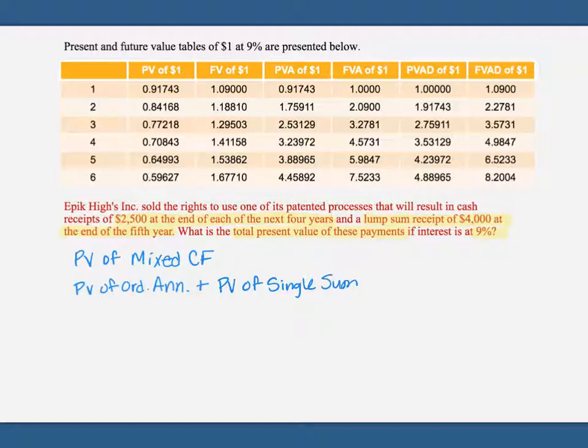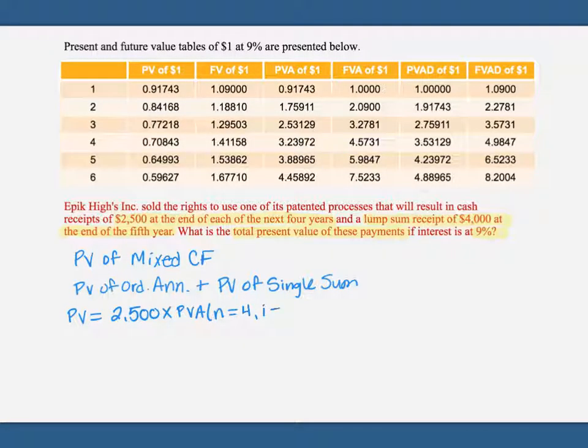So let's look at our formula to solve this. We're looking for the total present value, which is equal to the $2,500 payments at the end of the next 4 years times the present value of an ordinary annuity factor. So let's figure out what the number of periods are. We look in the problem and it says at the end of the next 4 years. So N will be 4.